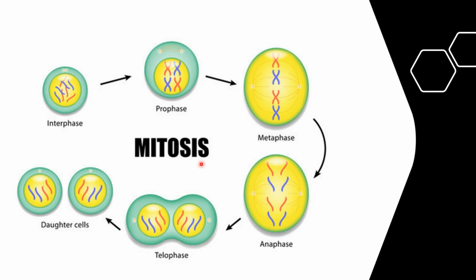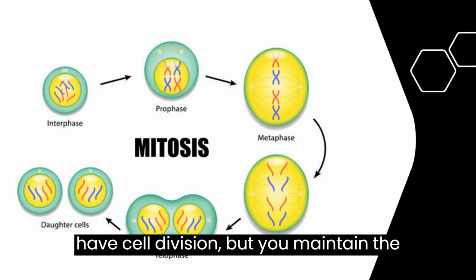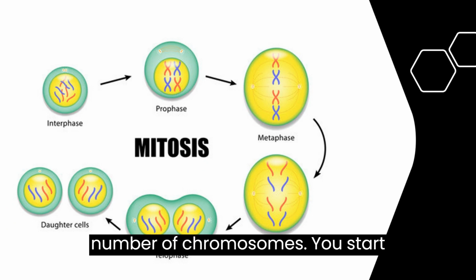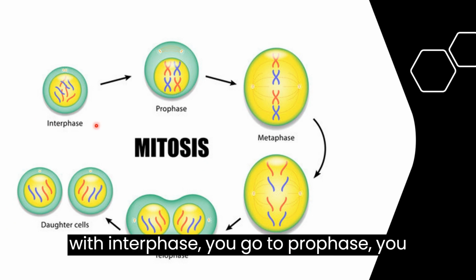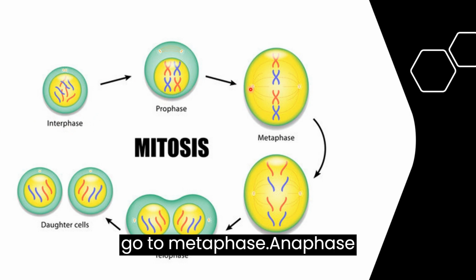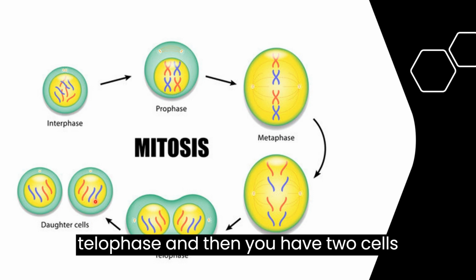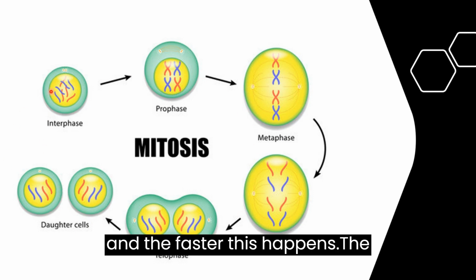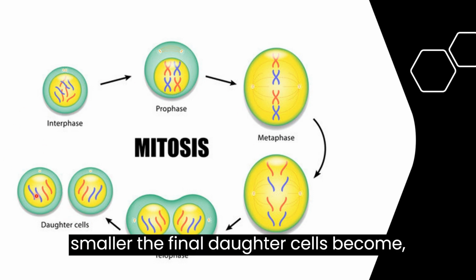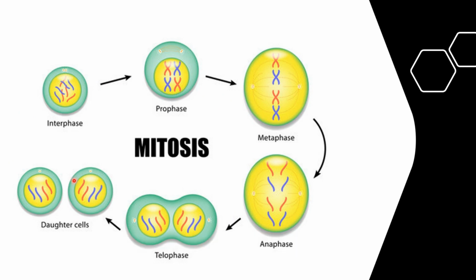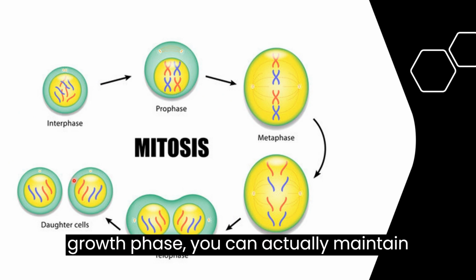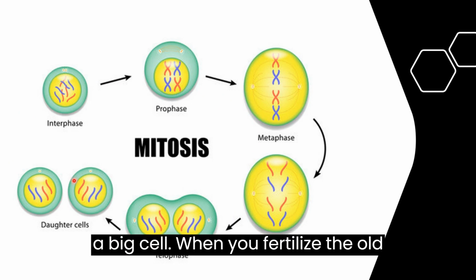In mitosis, you have cell division, but you maintain the number of chromosomes. You start with the interphase, you go to prophase, metaphase, anaphase, telophase, and then you have 2 cells. And the faster this happens, the smaller the final daughter cells become. If you're constantly going through a growth phase, you can actually maintain a big cell.